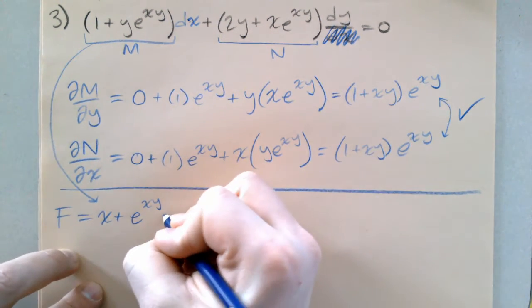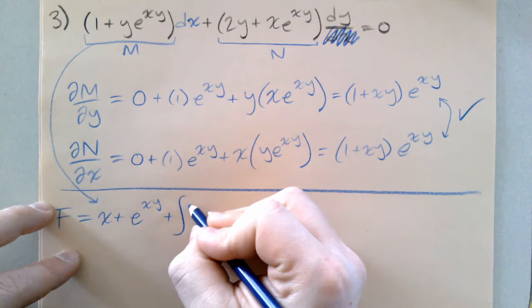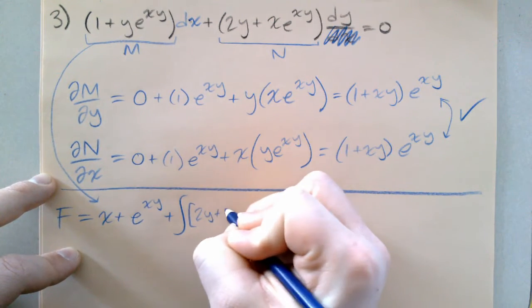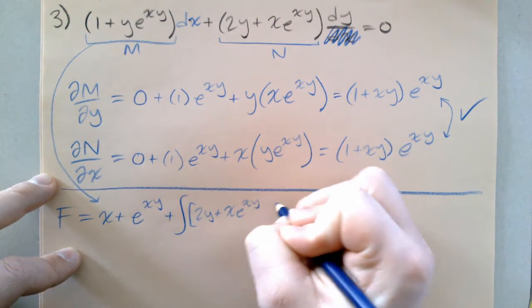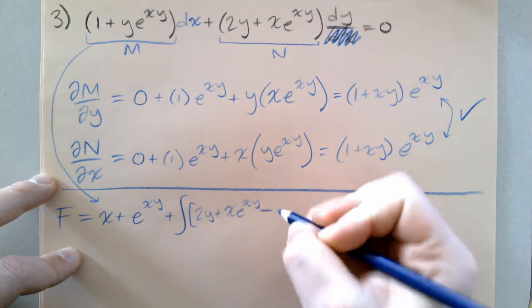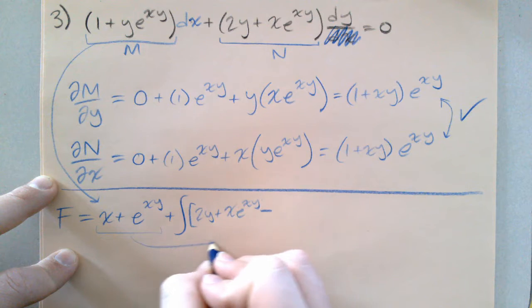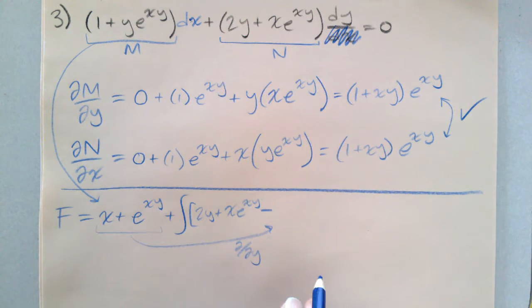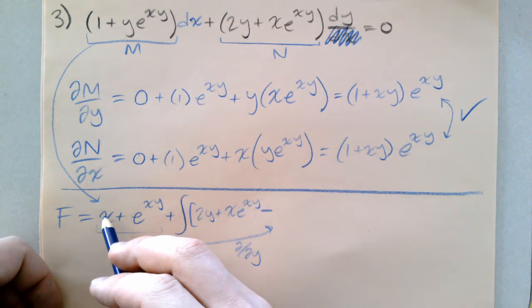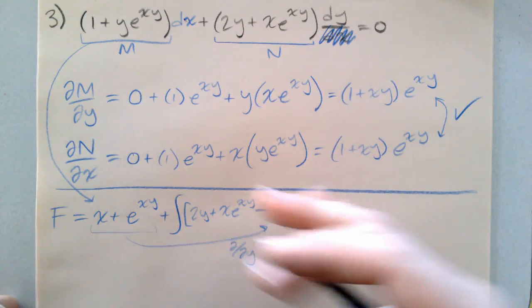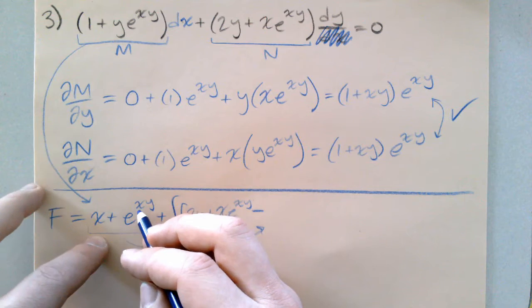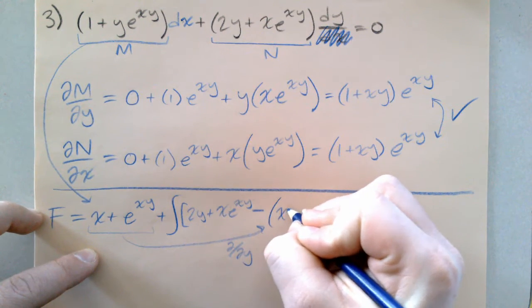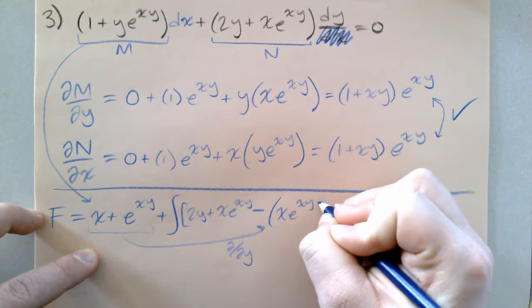Then we go on and do our integral. So that first term is just our N, 2y plus x e to the xy. Then we subtract this term here, but differentiated partially with respect to y. So that first term has nothing on it, so that's going to go away. But our second term, we can treat that x like a constant and say it's x e to the xy.